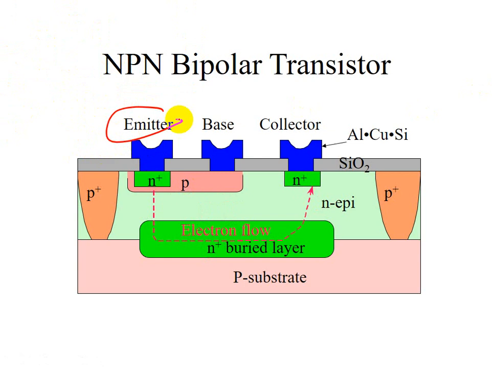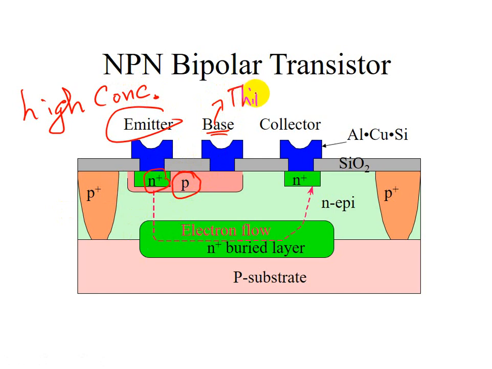For the emitter, N plus, high concentration. For the P section, the base area is a thin area and low concentration. Thin area and with low concentration.